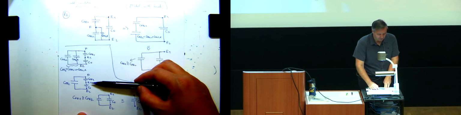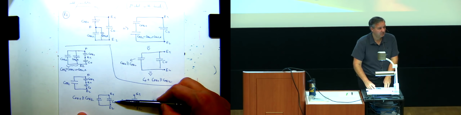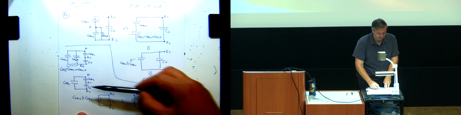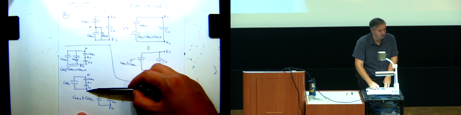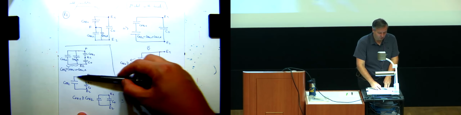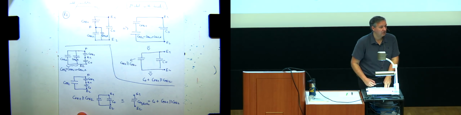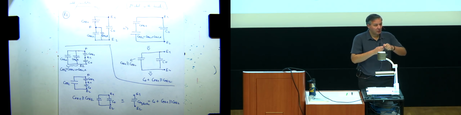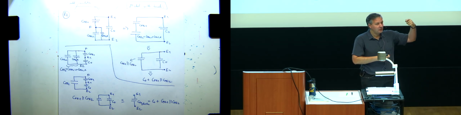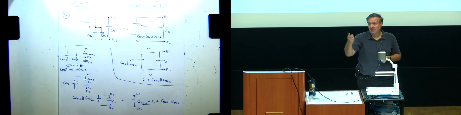Okay, so let's go down between E1 and E2. What do you see? C0. Okay, that's this. And so that's one element between E1 and E2. What's the other element between E1 and E2? It's this whole branch, right? And that's this, right? So just trace the branches and treat the nodes as vertices on the graph. That's it.